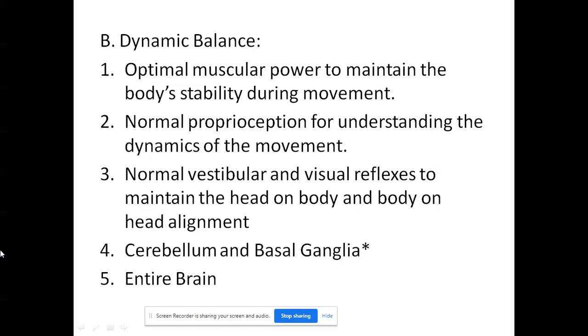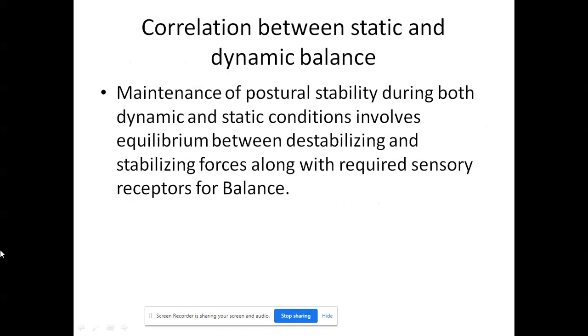Third point, it's the same as the first one in the mechanisms to maintain dynamic balance: normal vestibular and visual reflexes to maintain head on body and body on head alignment, as we already saw in the balance part 1 video. Fourth one, cerebellum and basal ganglia. As we saw on the previous slide, the cerebellum was very important in order to maintain static balance, whereas to maintain dynamic balance, the cerebellum and basal ganglia are both very important. And most of all, do not forget the entire brain, in order to integrate the sensory system and thus maintain the balance.